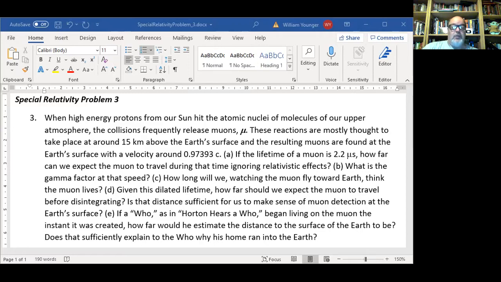And notice this is problem number 3. I'll turn it on my document cam. So this is problem number 3, part A. Basically, what we're asked to compute is how far we think it would travel.